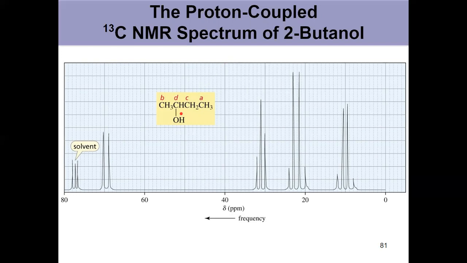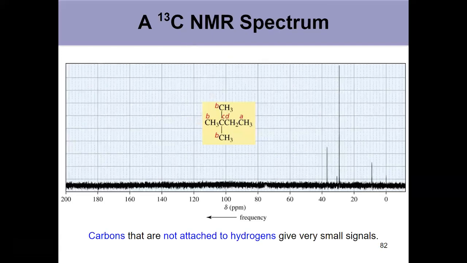So take D, for example, the one that's furthest upfield. Carbon here bonded to 1 hydrogen, follows the n+1 rule, so 1 + 1 is 2. So that's why signal D appears as a doublet. So, just not nearly as useful as proton NMR, but it does give us some valuable information.